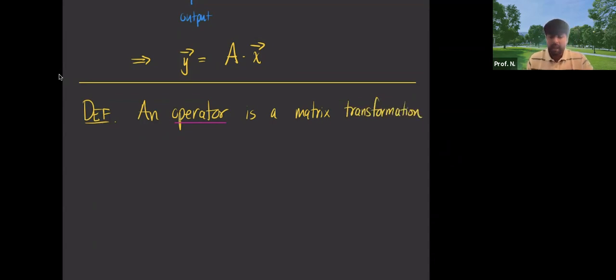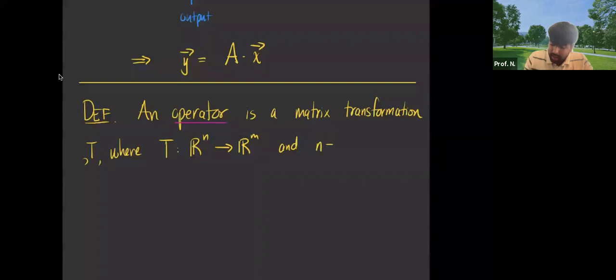So an operator is a matrix transformation where, I'm going to call it T, where T goes from Rn to Rm and n equals m.